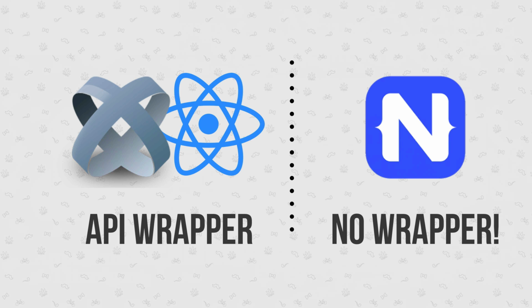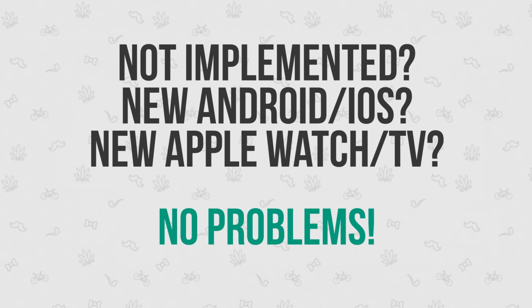NativeScript does real API calls, meaning that if something is not implemented yet, like I want to change the color of the top bar, the little battery bar, you can still write the code for it in JavaScript, which gets translated to Objective-C or Java and actually executed, which is quite awesome.